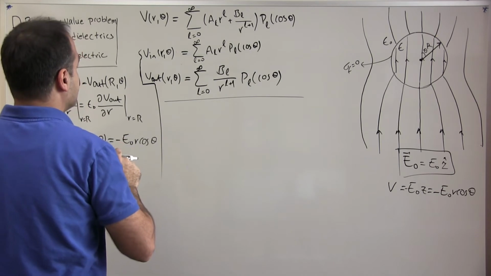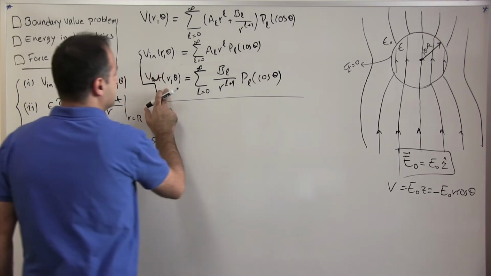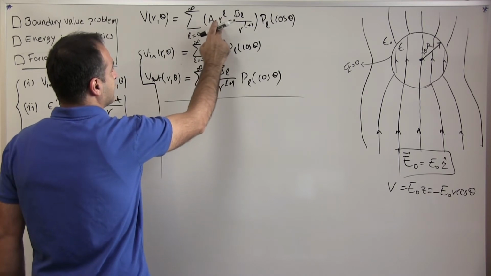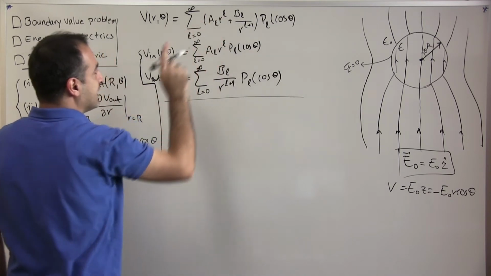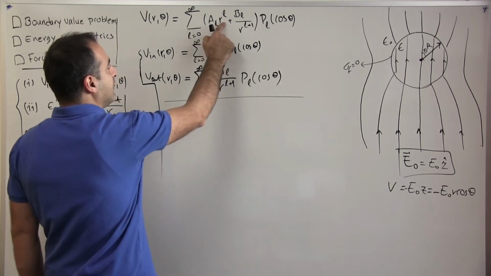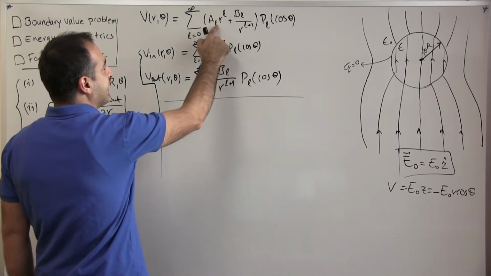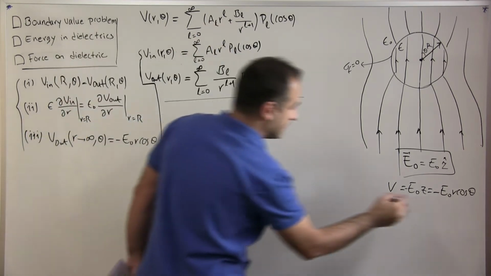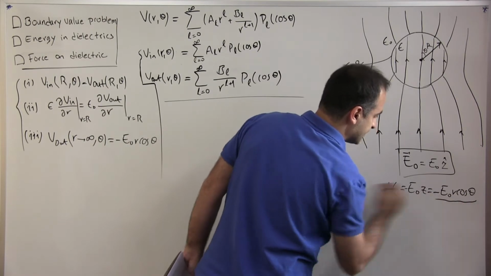Oh, by the way, for V out, we get rid of all the R to the power of L, or the ALs, except for one of them, that I forgot, for R to the power of 1, where L equals 1. We need to keep that because we eventually want to match that with this boundary condition.